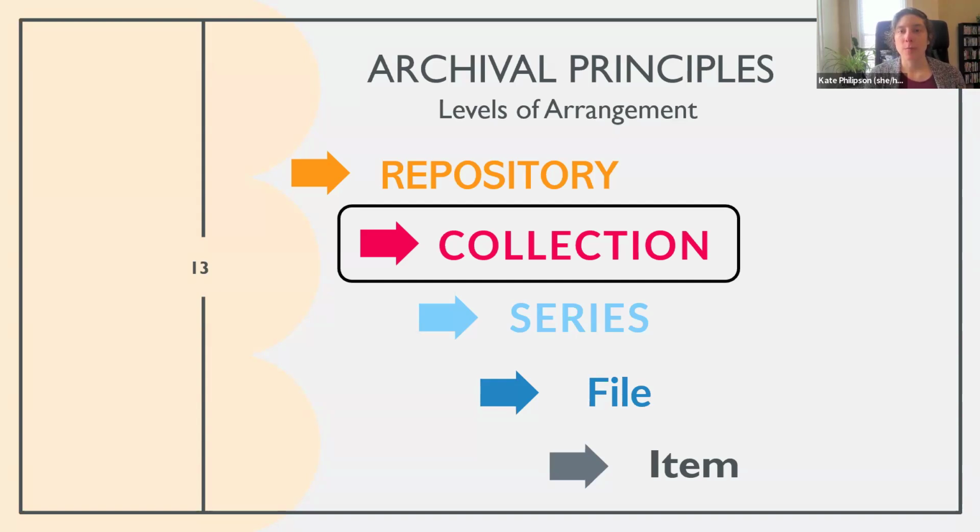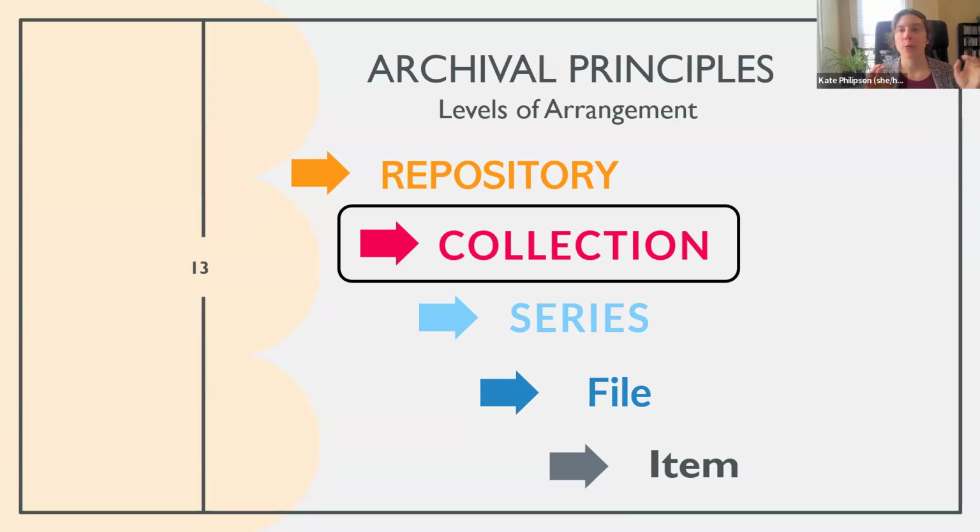I came up with a silly example. I don't know if it works perfectly, but if you think about this structure within calling something the sports greats archive, then the collection within that sports archive is the Michael Jordan papers or Michael Jordan collection.